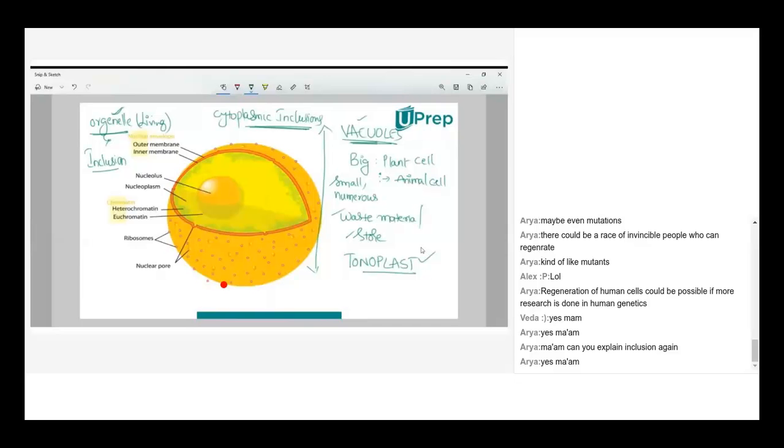Inclusion involves non-living ones. Non-living means what? The kind of waste materials, the kind of reserve food materials, all those things come under cytoplasmic inclusions. Inclusions are nothing but the non-living material which you will find in the cytoplasm. That's all. That concludes the whole cell structure and function.